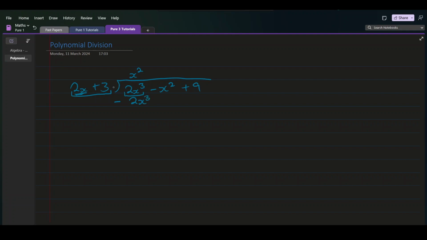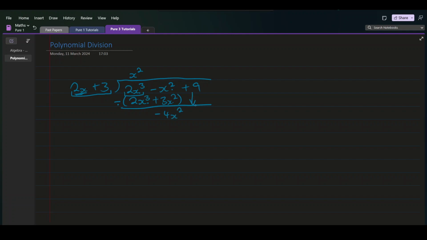Then x squared times 3, that's plus 3x squared. There should be a big bracket over here. So now we subtract. So that's 2x cubed minus 2x cubed, that gives us 0. Then we have minus x squared minus the 3x squared, and that gives us minus 4x squared.